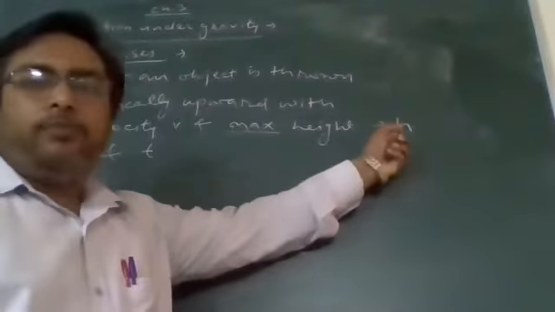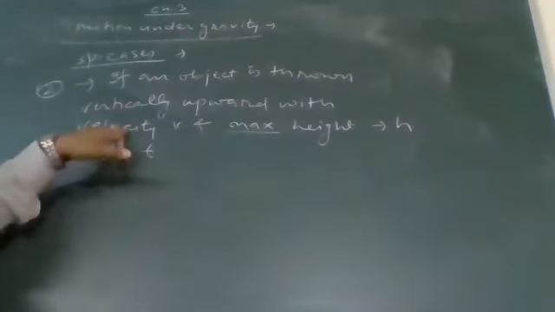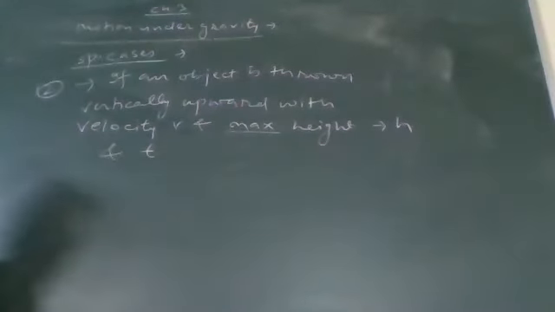The object is thrown with initial velocity v. All these parameters are given to you.